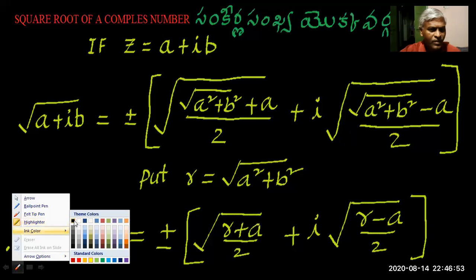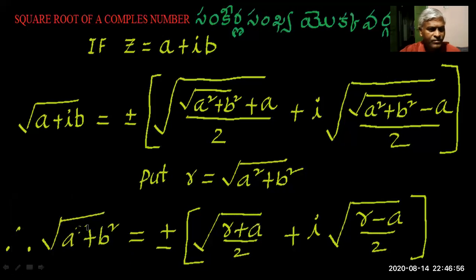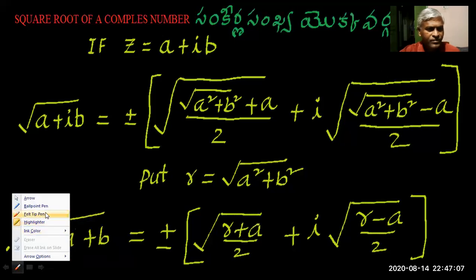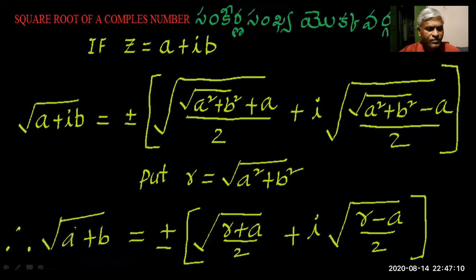The square root of the given complex number a plus ib is plus or minus under root r plus a by 2 plus i under root r minus a by 2. So you can remember it very easily in this way. Now let us practice some problems based on this one.